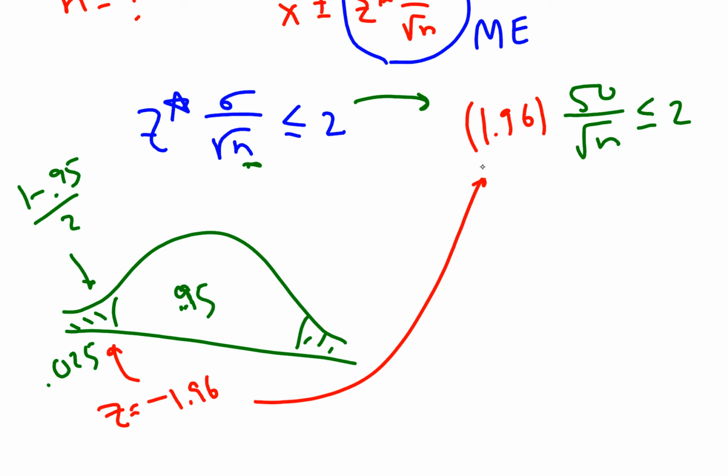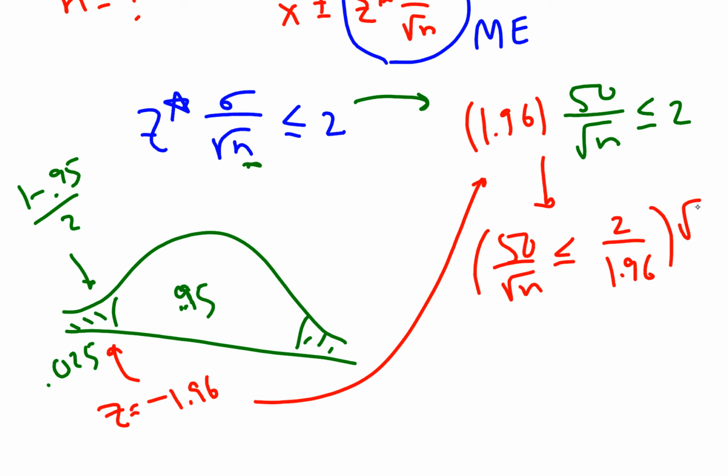So let's go through the steps, and then at the end I'll type it in. I'm going to divide both sides by 1.96, so we'd have 50 over the square root of N is less than or equal to 2 over 1.96. And then I'm going to multiply the whole equation by the square root of N. So I'd get 50 is less than or equal to 2 over 1.96 times the square root of N. And then you can tell that you wanted to try and get that square root of N alone.